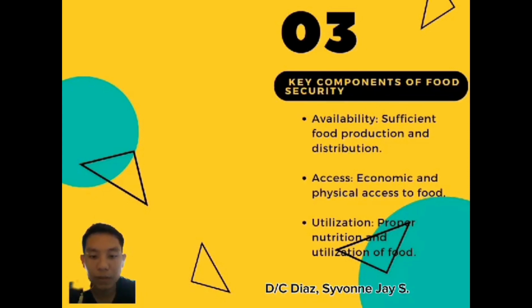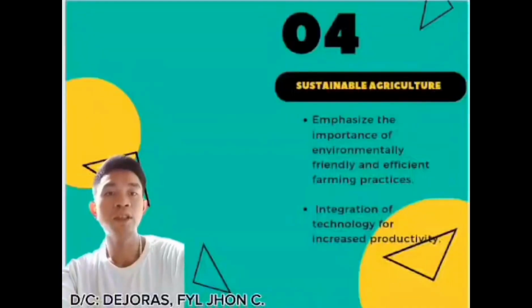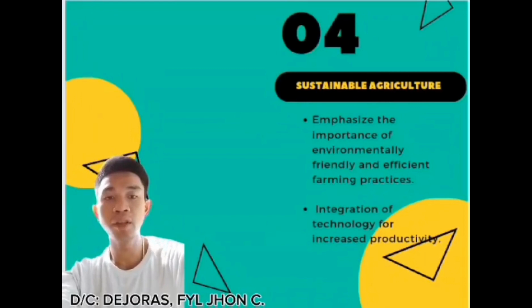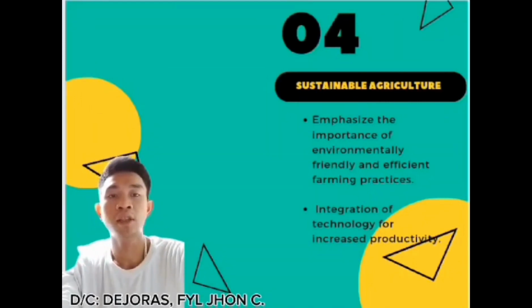Utilization. Focusing on proper nutrition and utilization of available food resources. Sustainable agriculture. So, emphasize the importance of environmentally friendly and efficient farming practices. So, integration of technology for increased productivity.